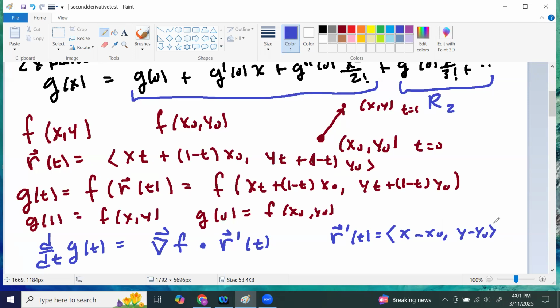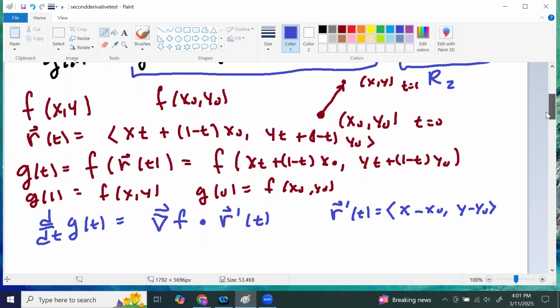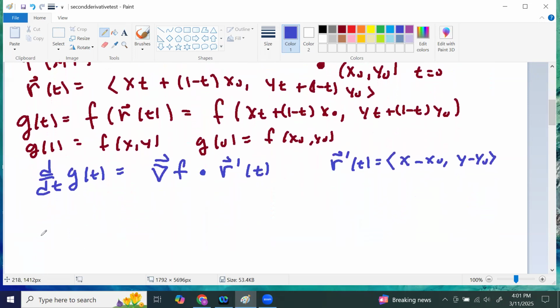Okay? That's what that derivative is. This part here is a gradient.